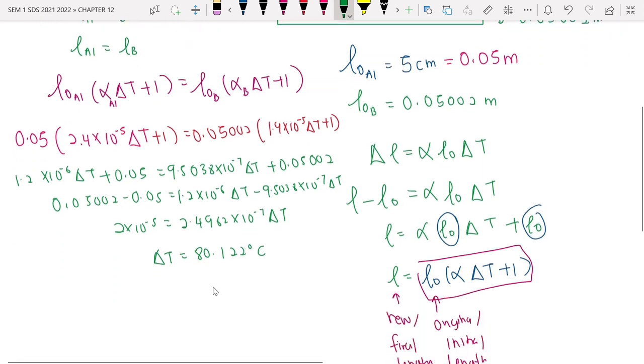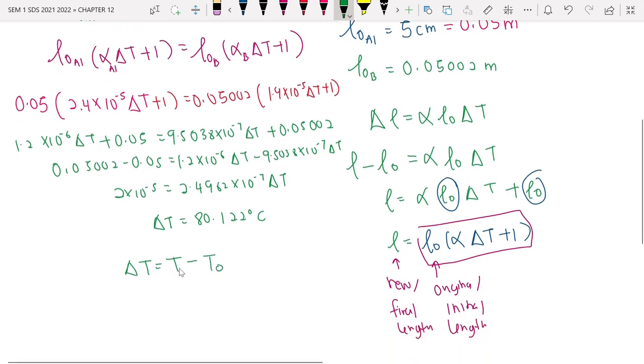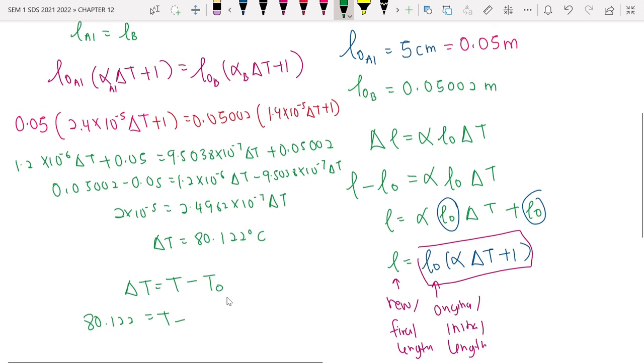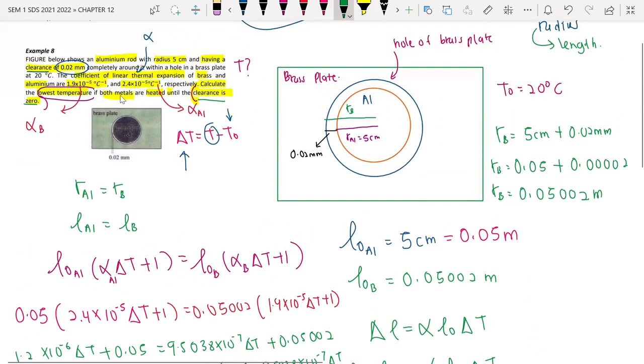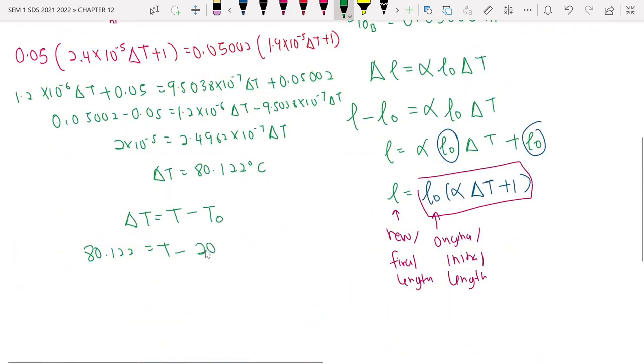Now, from here we already know the change in temperature, and we know the change in temperature is the final temperature minus the initial temperature. Means new temperature minus the original temperature, and the difference in temperature is 80.122. We are going to look for the new temperature, which is the lowest temperature, minus the initial temperature, which is 20 degrees Celsius.